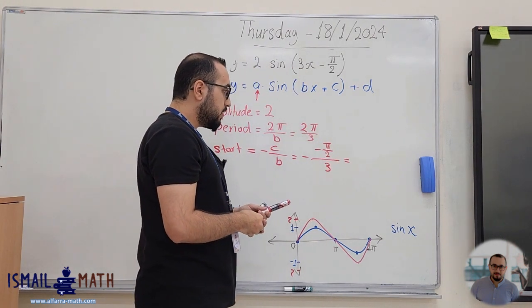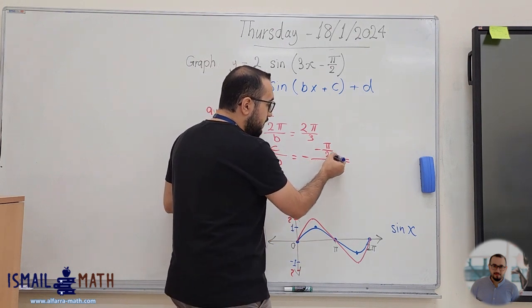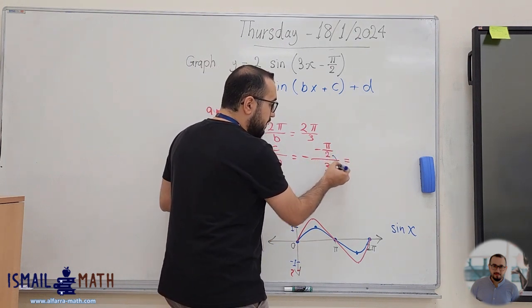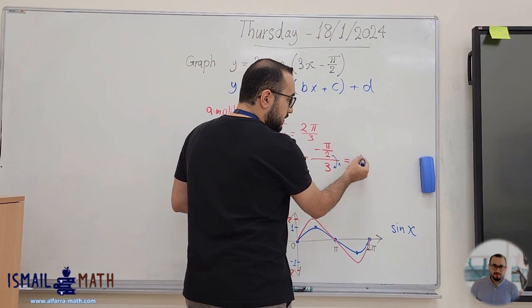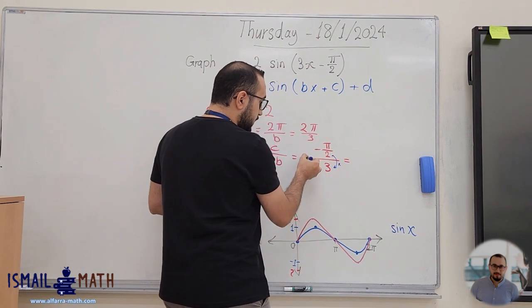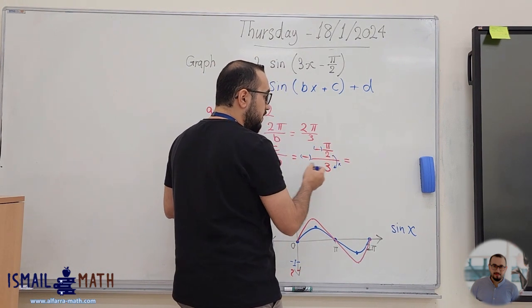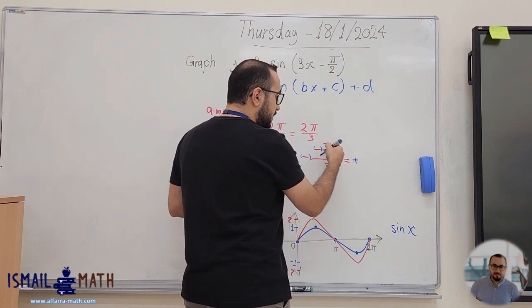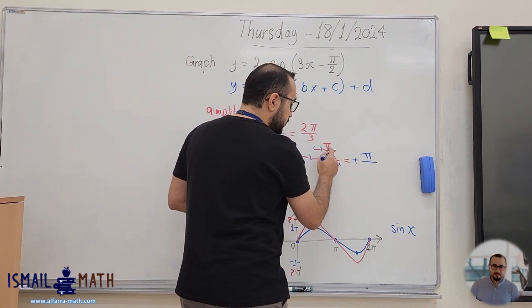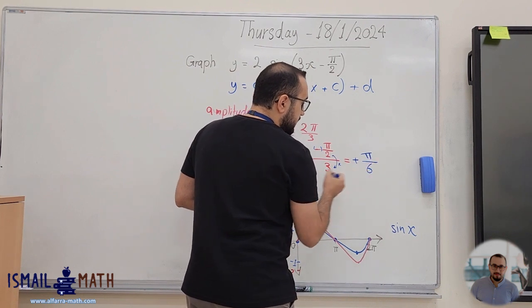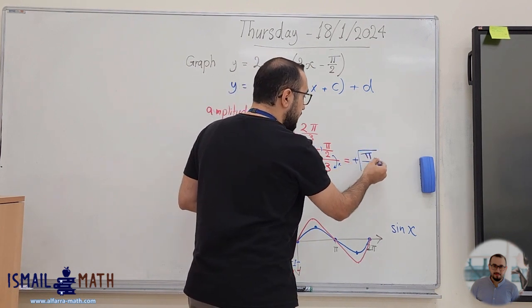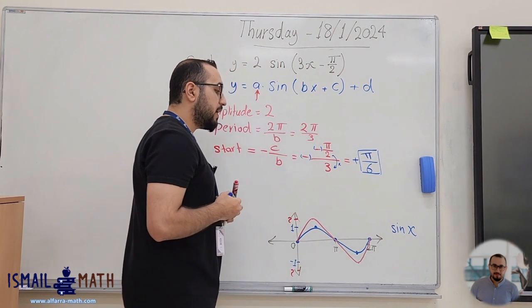To simplify, the denominator 3 goes down with multiplication, the pi over 2 stays up, and negative with negative is positive. So 2 goes down and it will be 6.